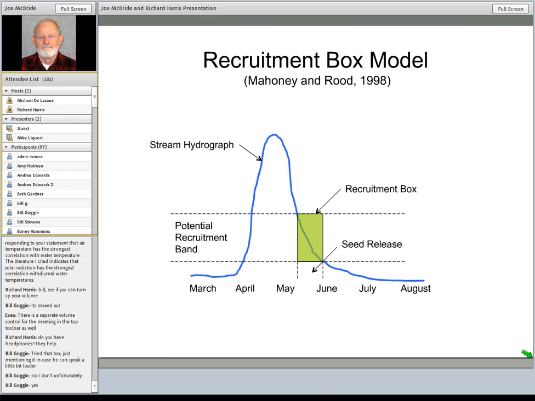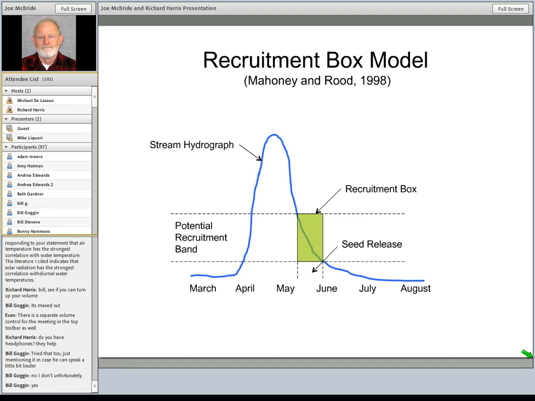In this particular diagram, in May, although we're having a receding stream hydrograph, the seeds are not arriving, they're not being released. And of course, after June in this diagram, we continue to see a recession in the stream height in which we would have a moist zone.